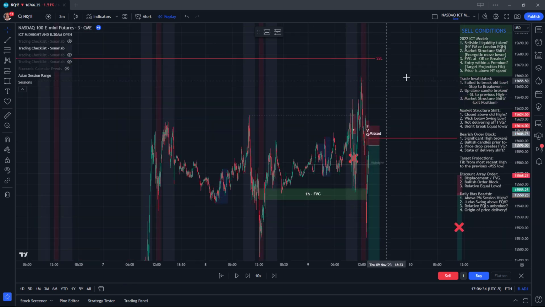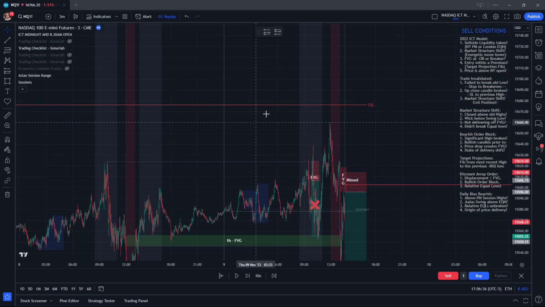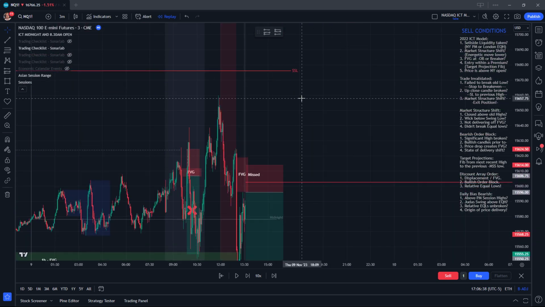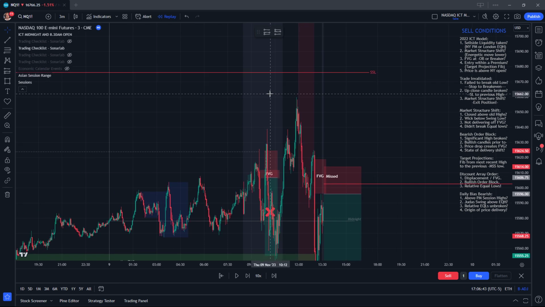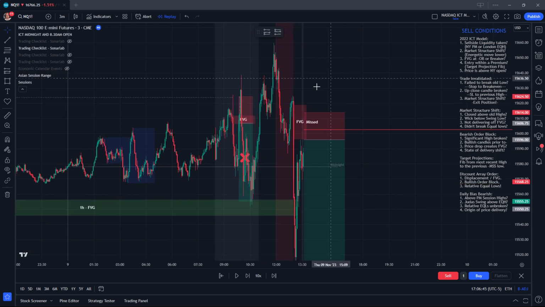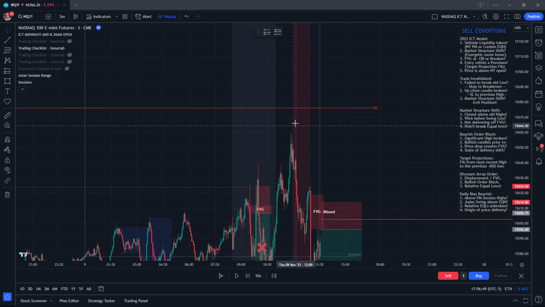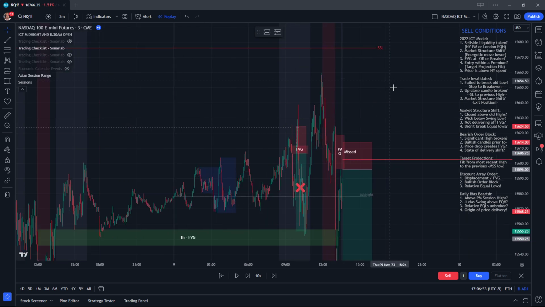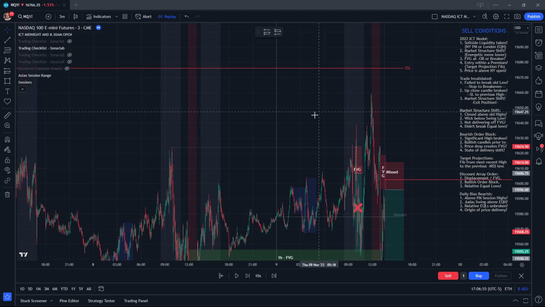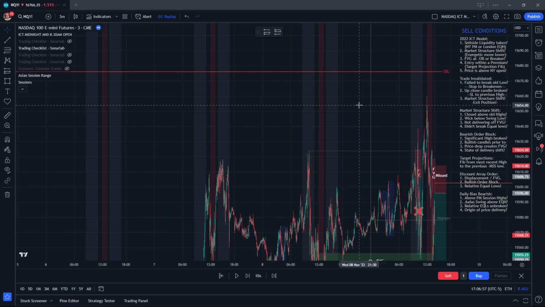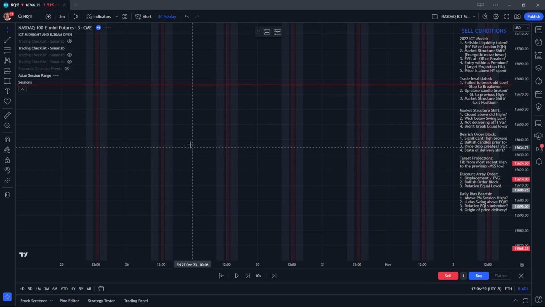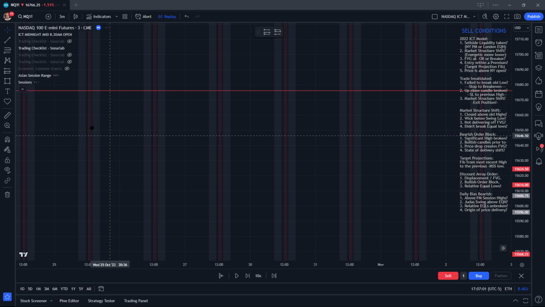On the daily, we do have a sell side liquidity there, but we're all the way down here. It's not like we're entering a sell position right below it. To be honest, when I'm looking at liquidity, I'm not looking at several weeks in the past or last month.